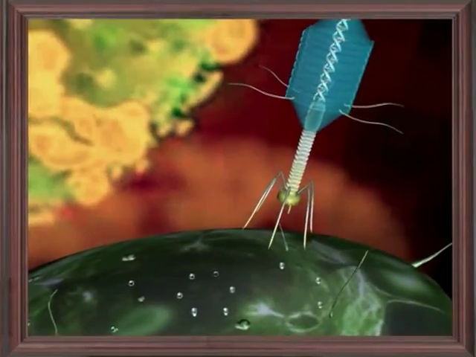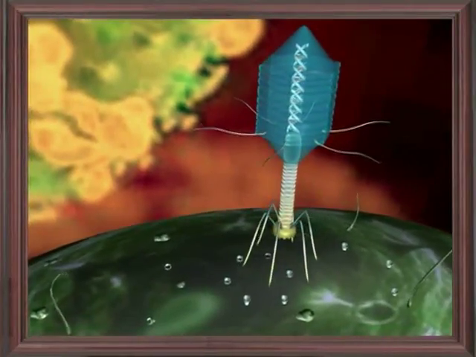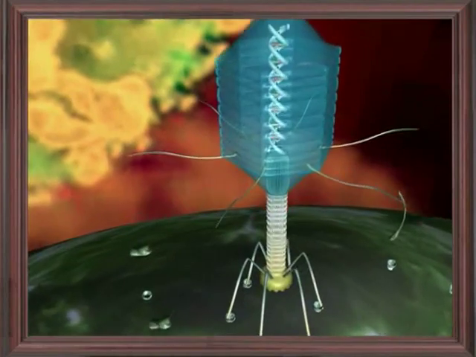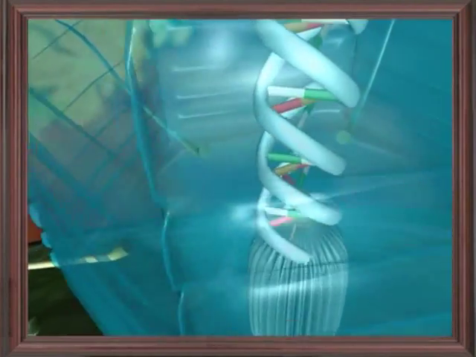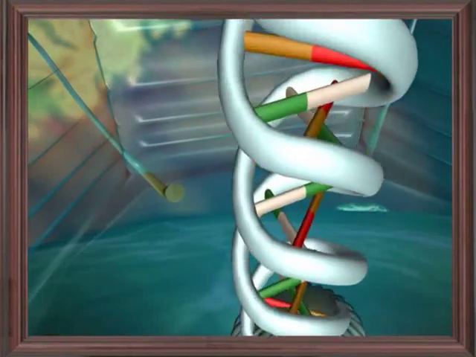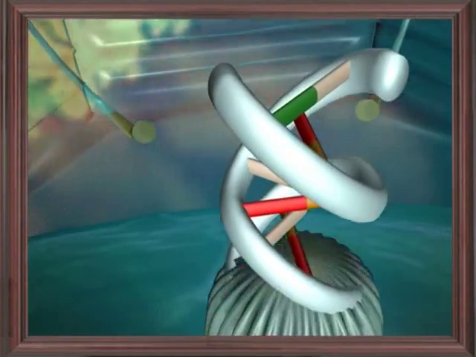How does virus infect a cell? Let us view a virus which is about to enter a bacteria. When virus comes in contact with a bacterial cell, it makes a hole in the host cell membrane and inserts its genetic material into the host cell.